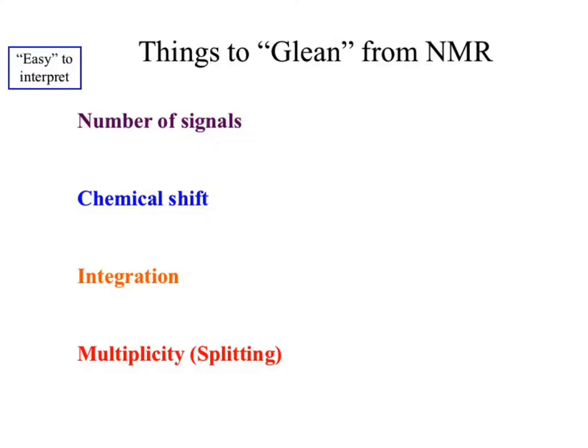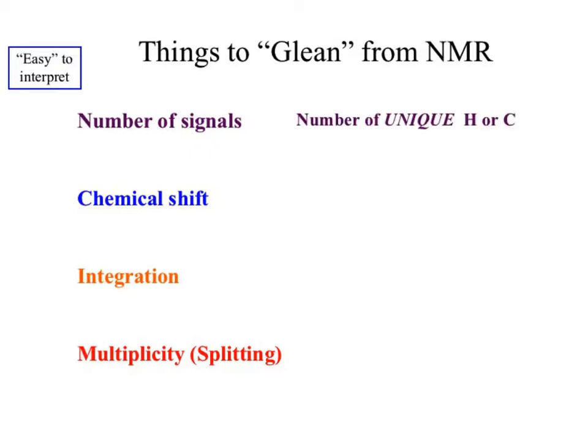Just counting how many signals you see tells you some information about your structure. The number of signals is an easy thing to write down that could allow you to draw massive conclusions, particularly on a multiple choice test. This is why I want you to do it.